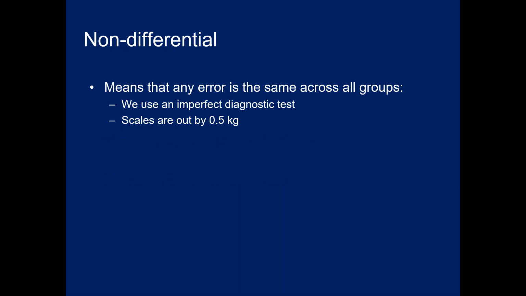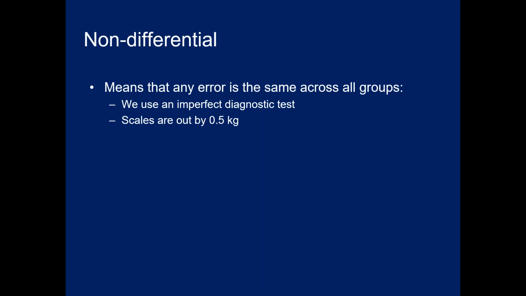And the first one I want to talk about is non-differential. Now, there's a little bit of a clue in the name as to what non-differential means, and it means not different. It doesn't mean that there's no error, it just means that the error is the same across all groups.